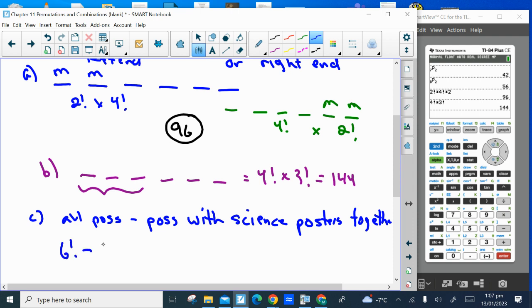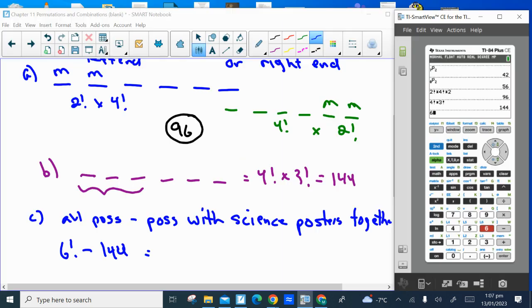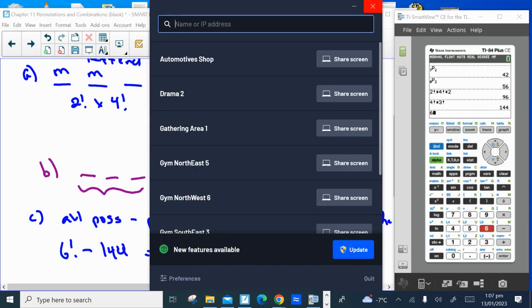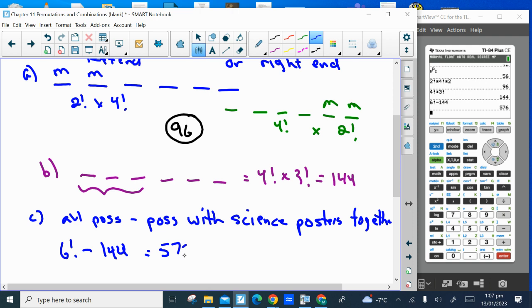Minus the possibilities with the science posters together, we just calculated that in part B. That's 144. So 6 factorial, take away 144, gives us 576.